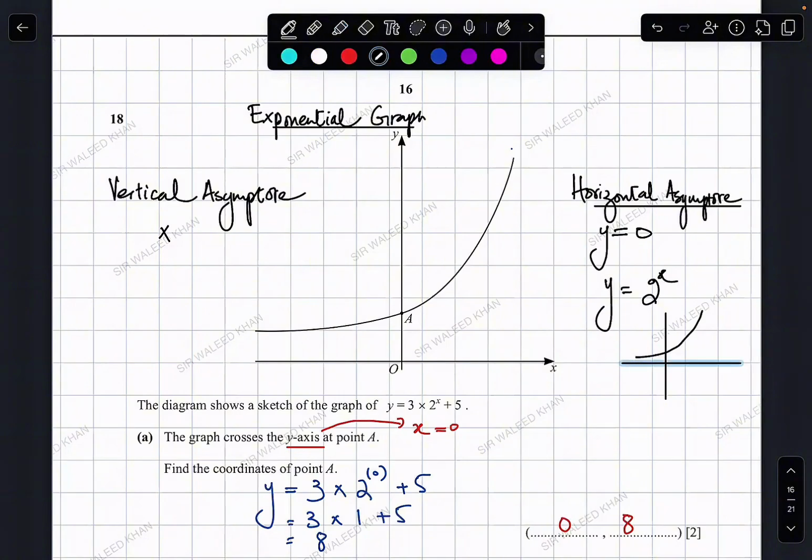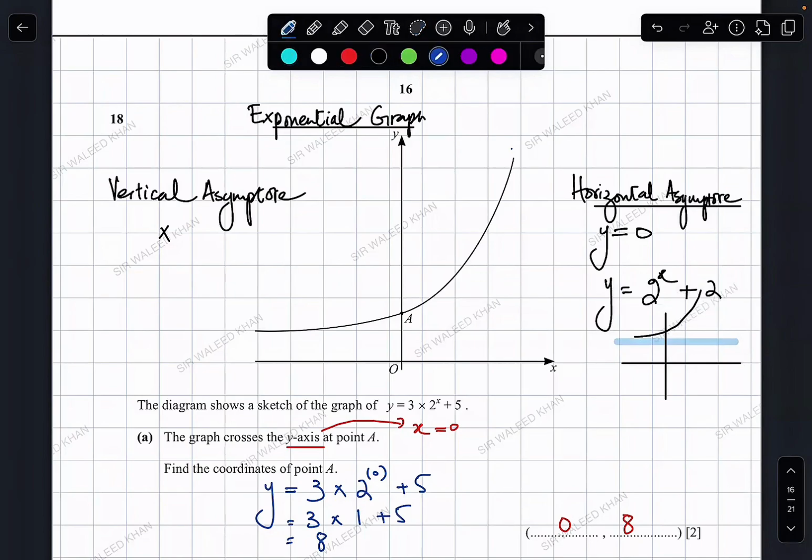But if I change this to y is equal to 2 power x plus 2, that means this graph is going to shift 2 places upwards. If the graph is shifting 2 places upward, so is the horizontal asymptote, right?